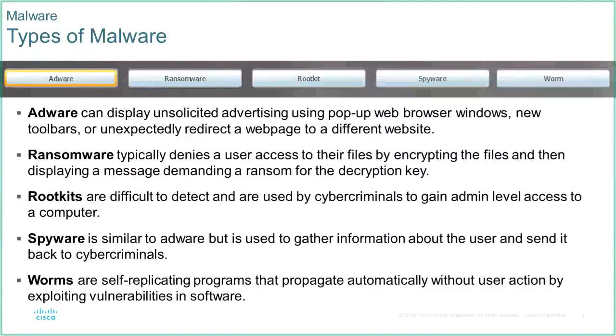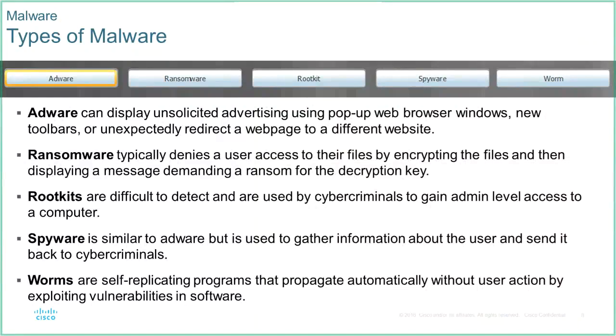Rootkits are where the system is compromised at admin level. So basically the virus or whatever is occurring is running at an admin level, so it's got basically full access to the machine.